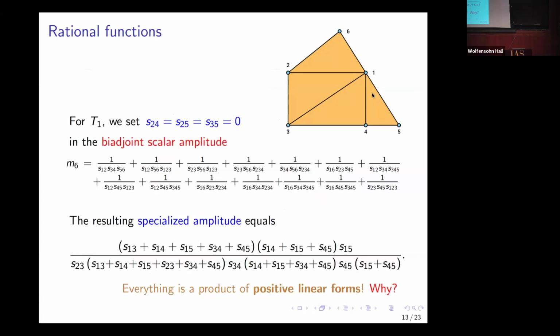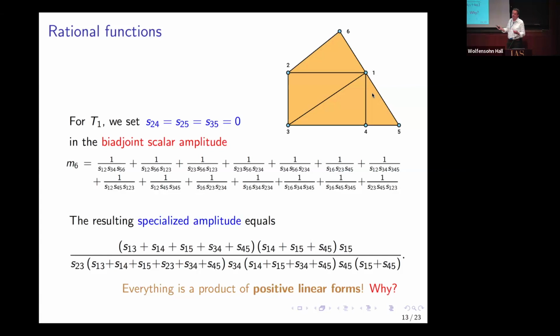So this T1 exhibits minimal kinematics. After the substitution, this expression becomes this expression. Again, the numerator is a product of positive linear forms of degree 3. The denominator is a product of positive linear forms of degree 6. So the total degree is -3, the negated dimension of the moduli space.